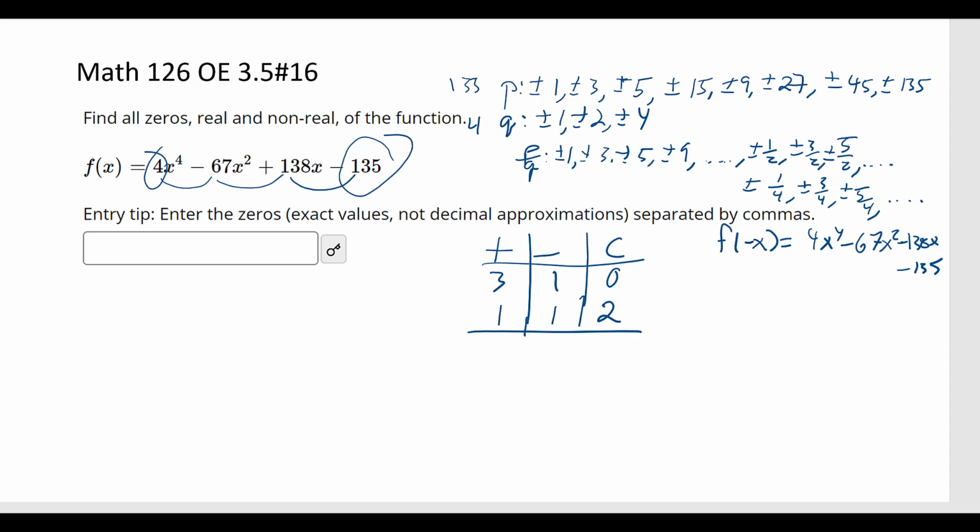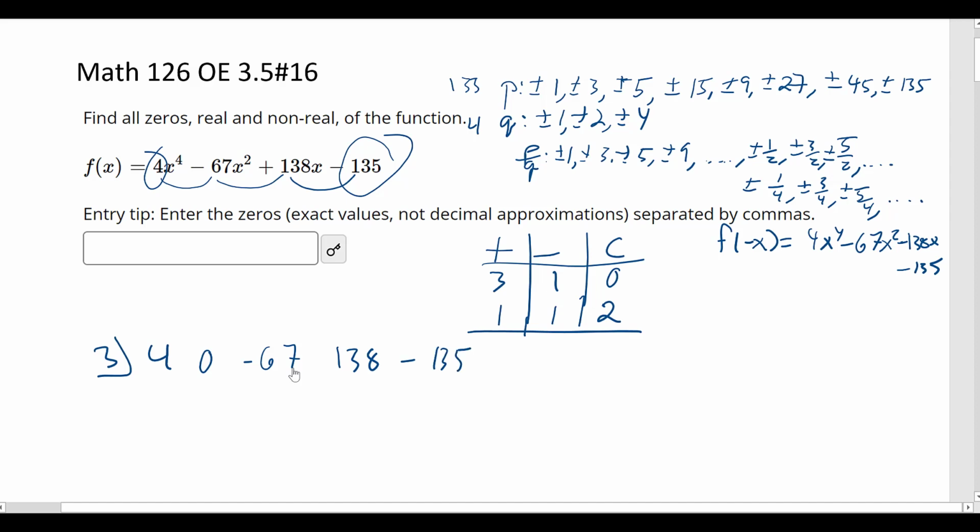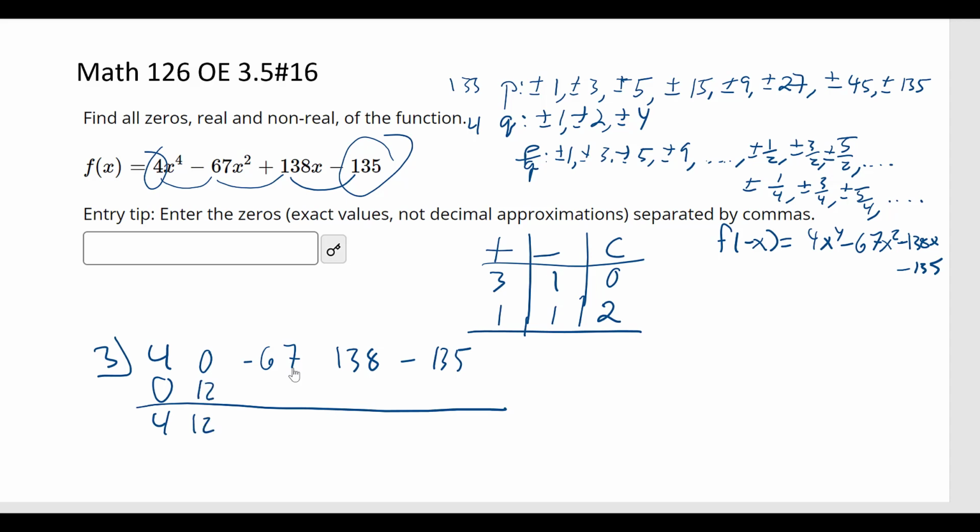So let me just randomly start somewhere. I don't like to start too big, probably bigger than 1. I'm going to start at 3. So we have 4, negative 4, and then 0. Then negative 67. Then 138, and then negative 135. So that's 4, 12, 12, 36.